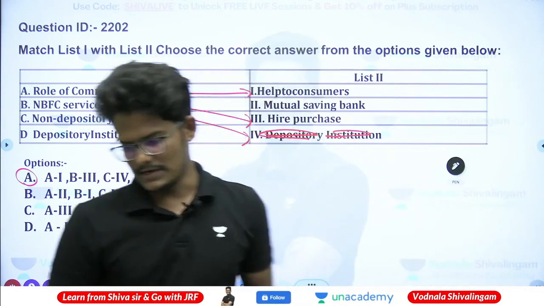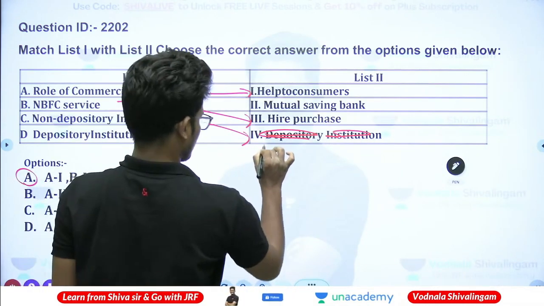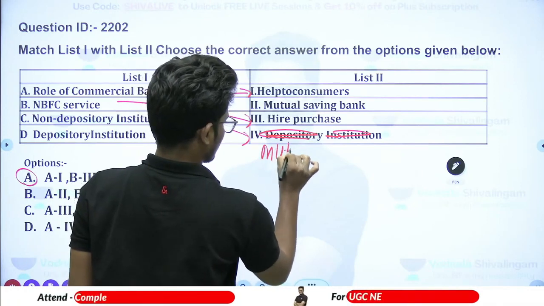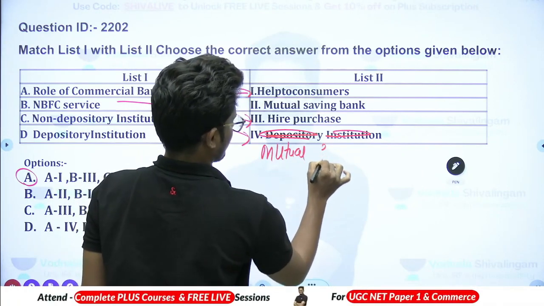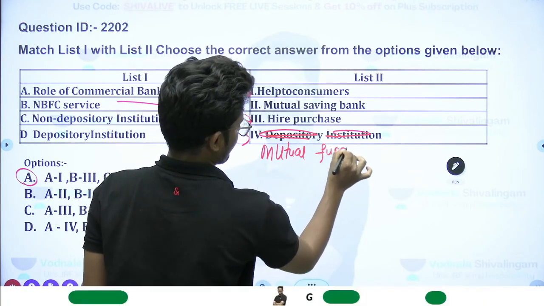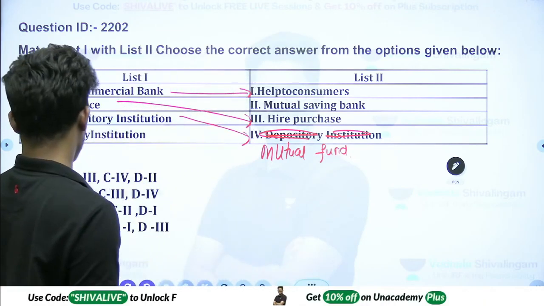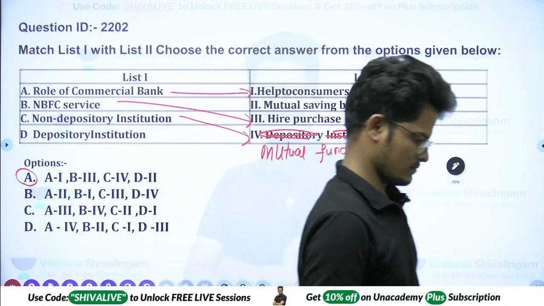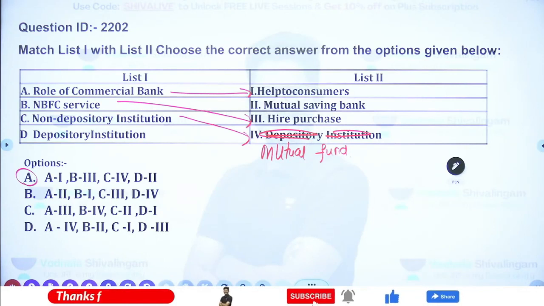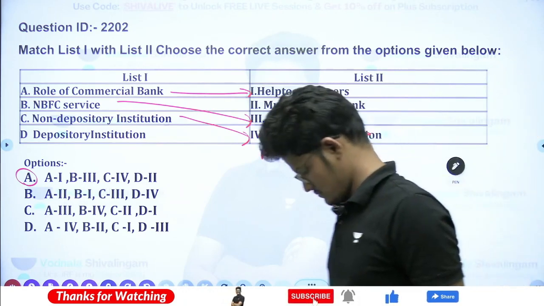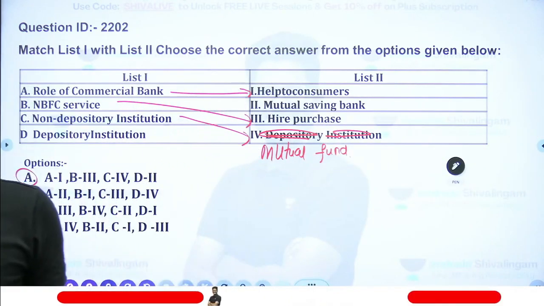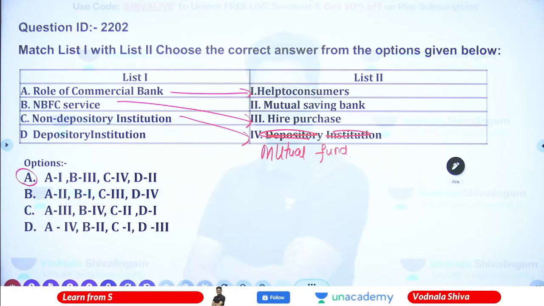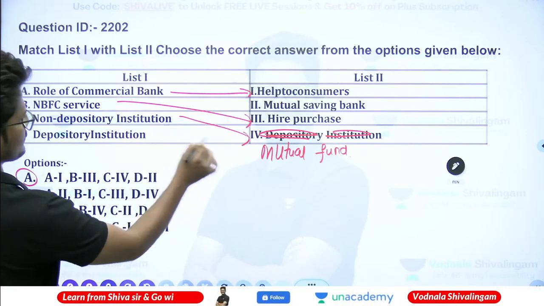This is mutual fund. So it is mutual fund, a non-depository institution.